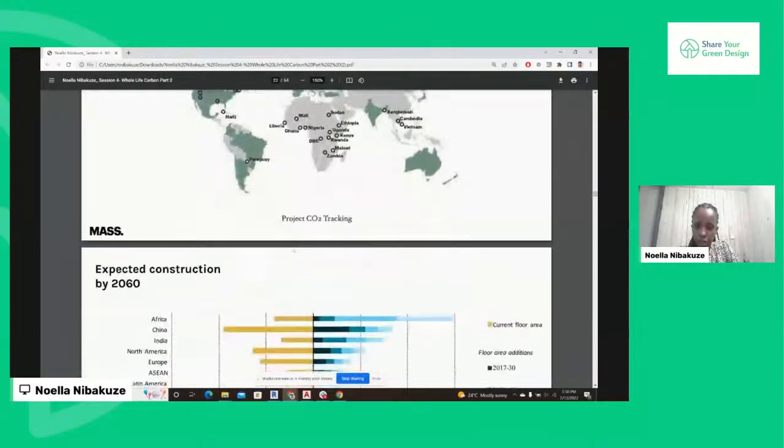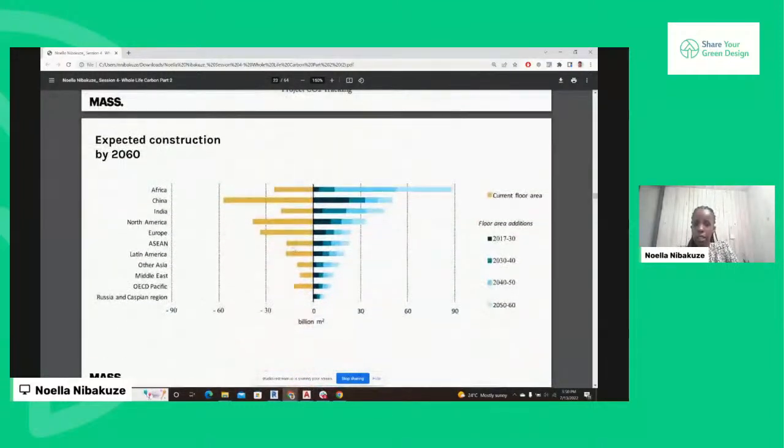So from there, we also realized that in 2060, even though currently we are not the ones building a lot, we're going to have more current flow than any other continent. So if we are building so much, how do we ensure that we're actually building correctly and not damaging our planet, our environment?